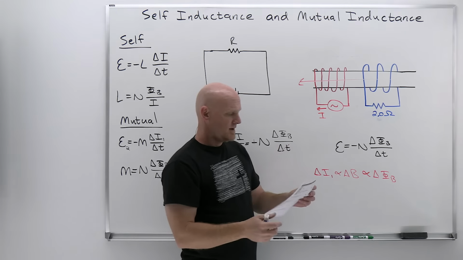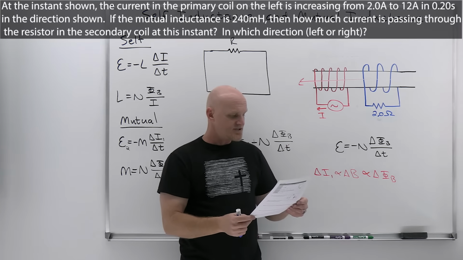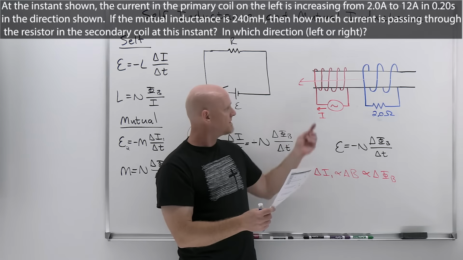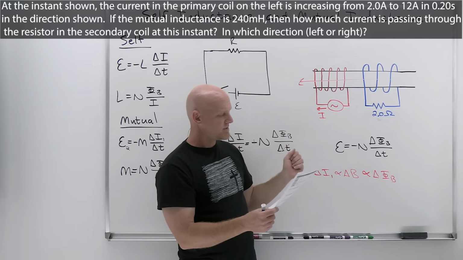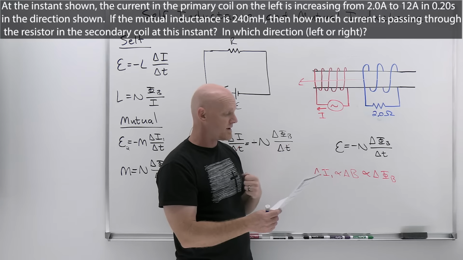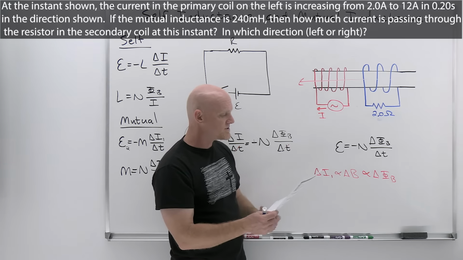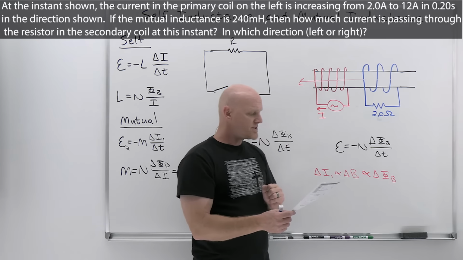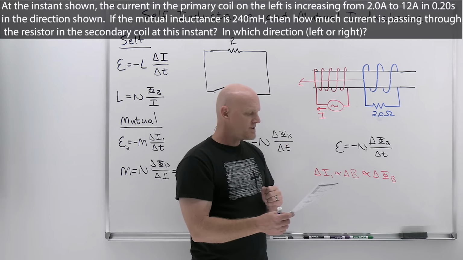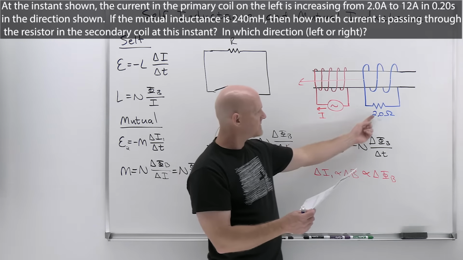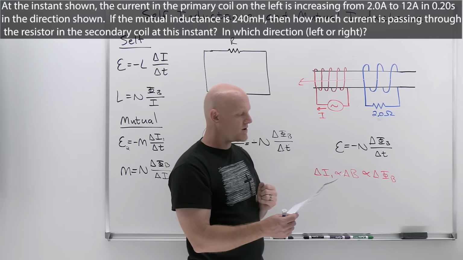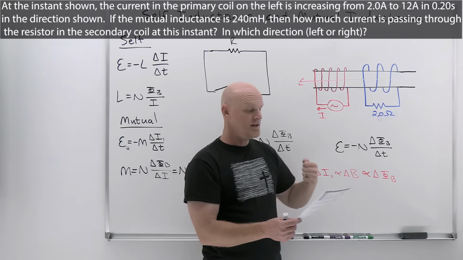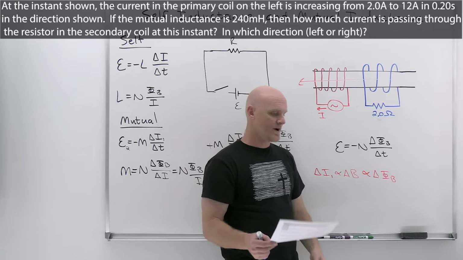All right. Question says, at the instant shown, the current in the primary coil on the left is increasing from 2.0 amps to 12 amps in 0.20 seconds in the direction shown. If the mutual inductance is 240 millihenries, then how much current is passing through the resistor in the secondary coil at this instant? In which direction, left or right?